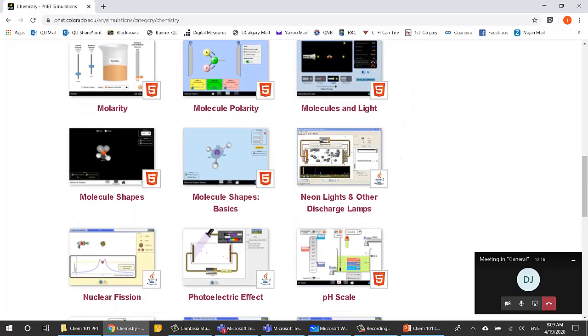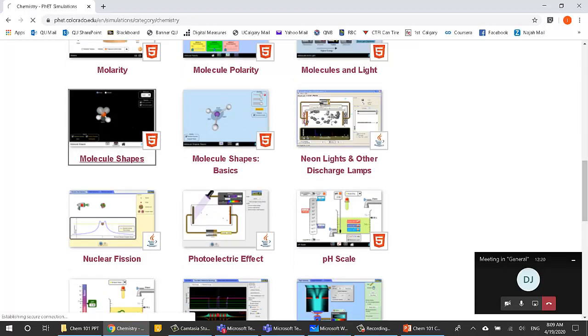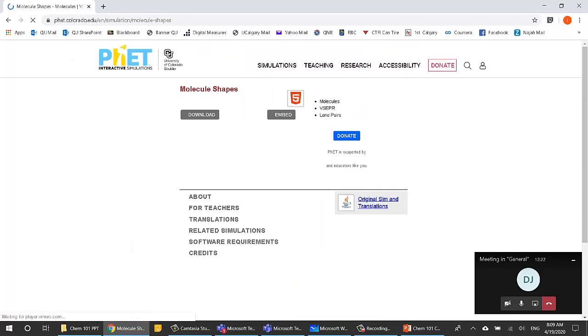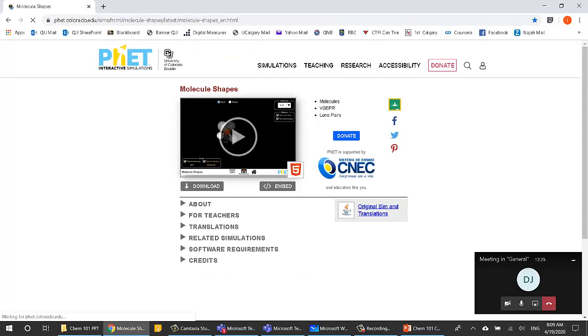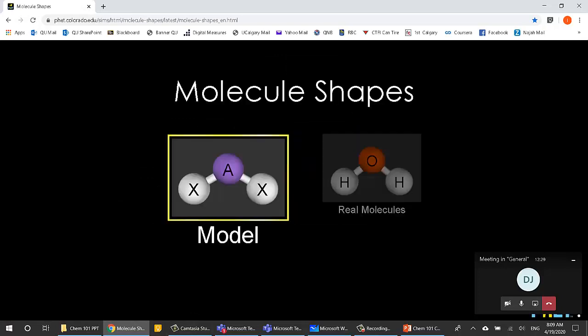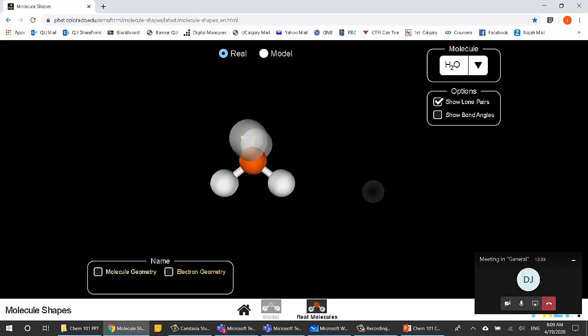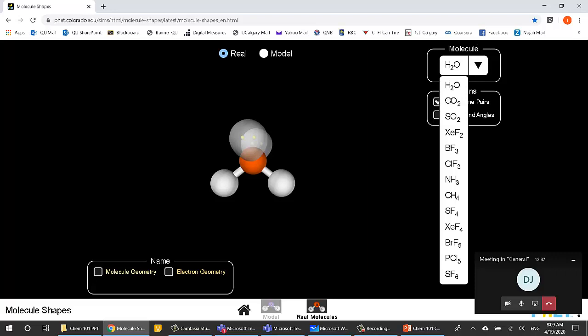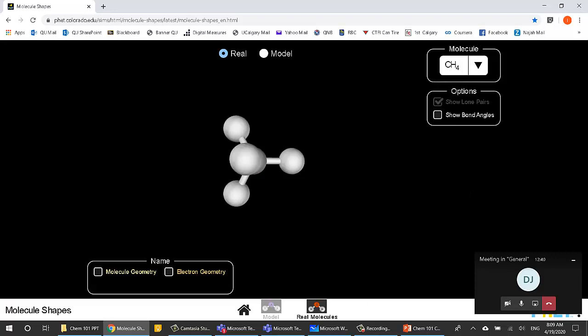Okay, so molecular shapes, click on that. Then click on rare molecules and choose methane, methane should be here, I think this is the one. Now, this is the actual structure of methane.